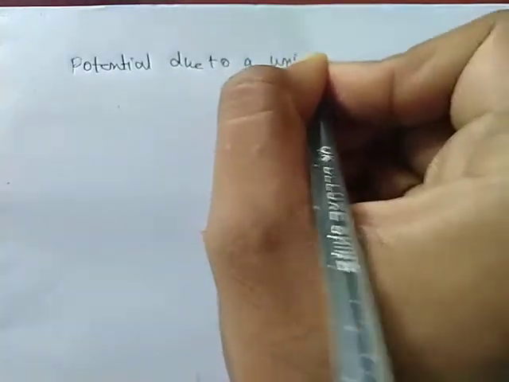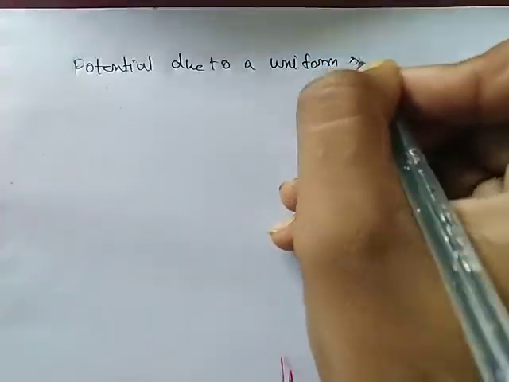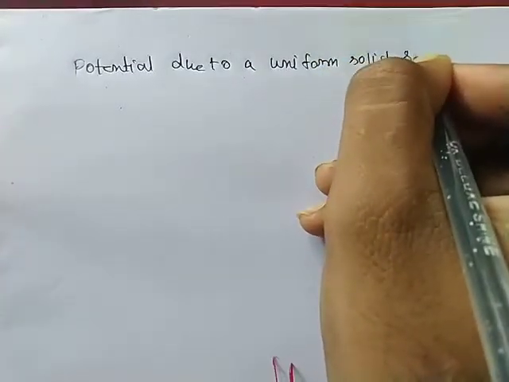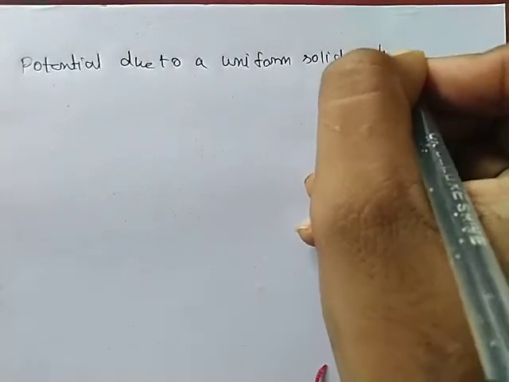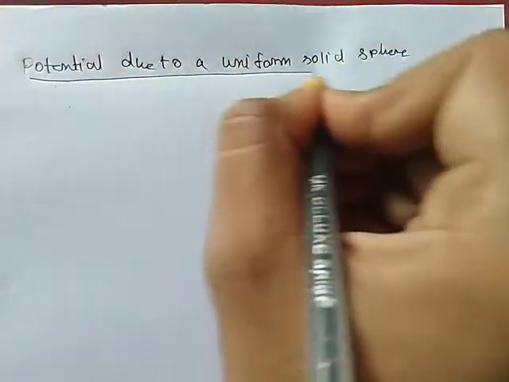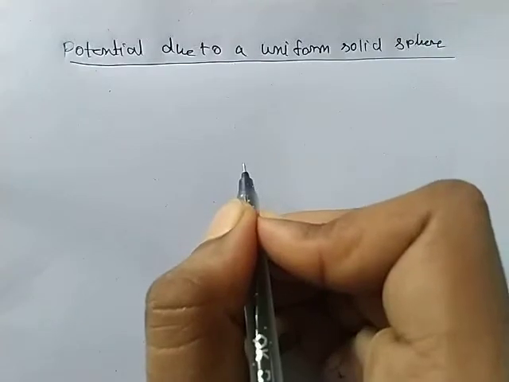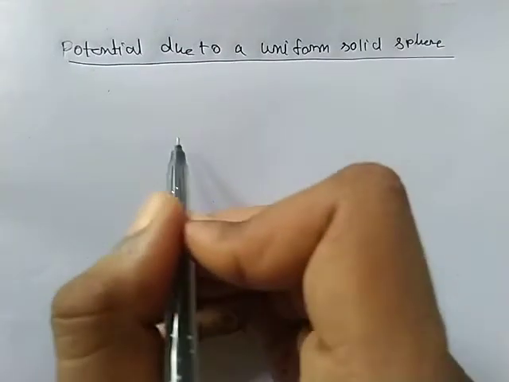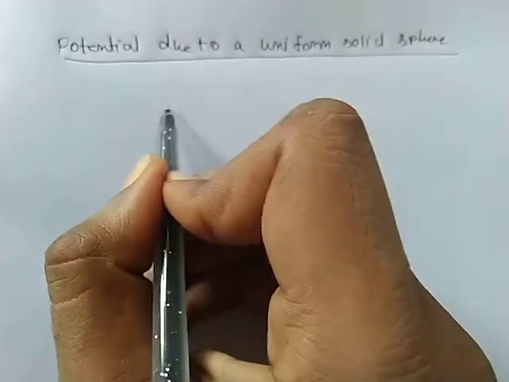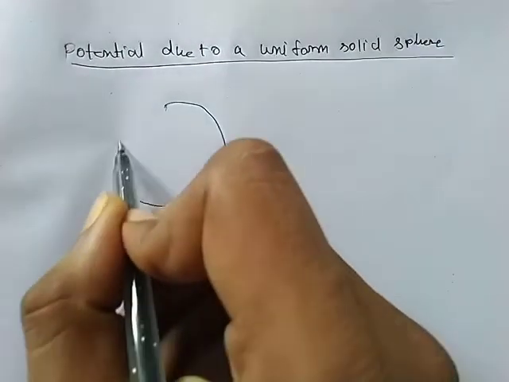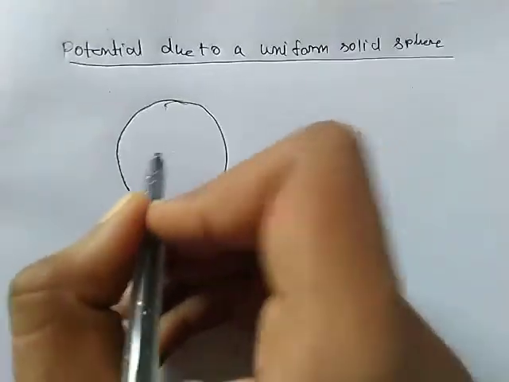Today we are going to discuss the potential due to a uniform solid sphere. To consider this, we will first need to draw a sphere, and I'll try to draw it in 2D plane like this.